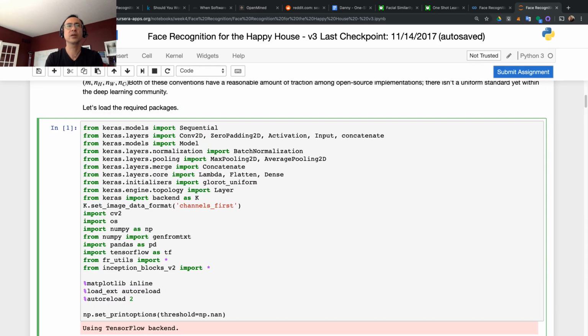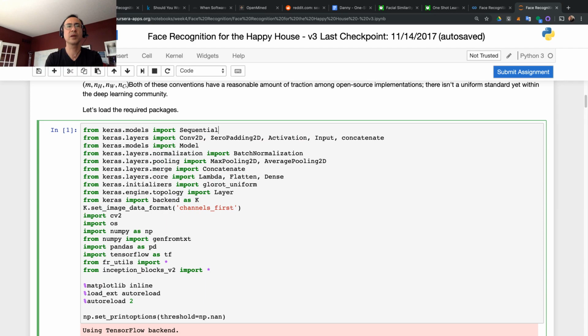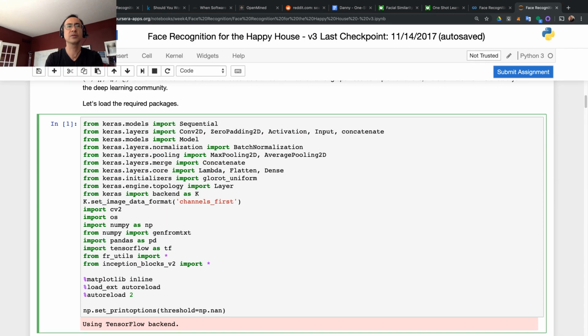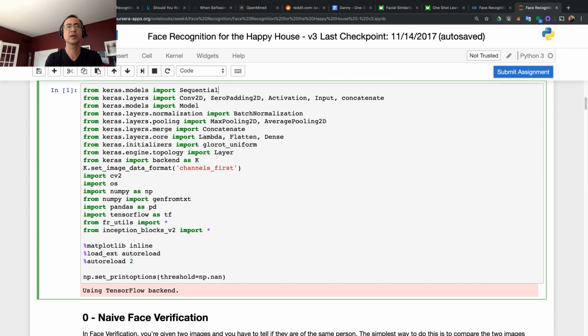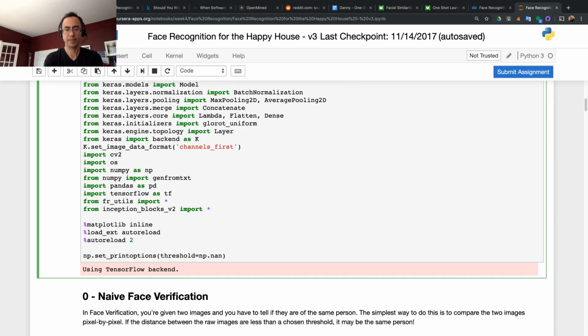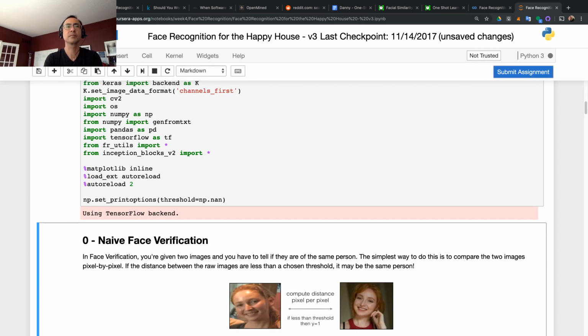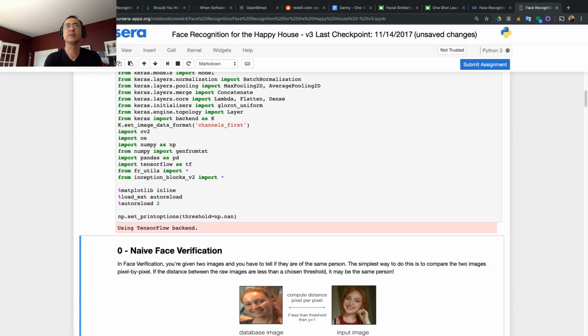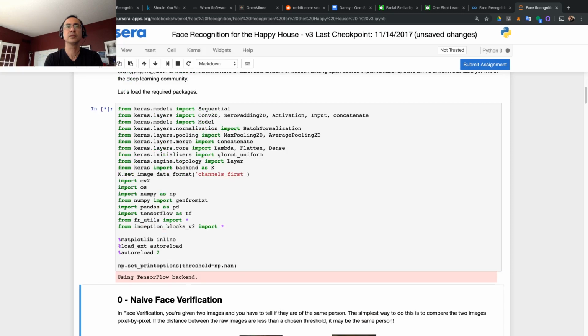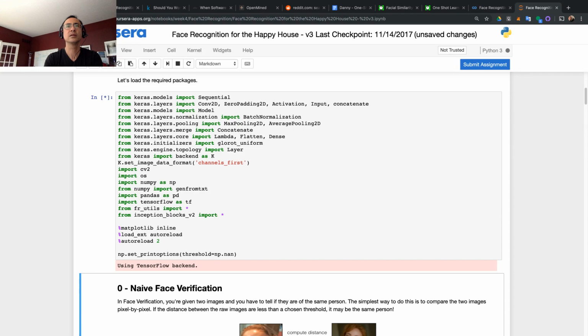It's just the format here. Then import cv2, NumPy, Pandas, TensorFlow. Let's run that one. It takes some time, still showing an asterisk. Okay, done.